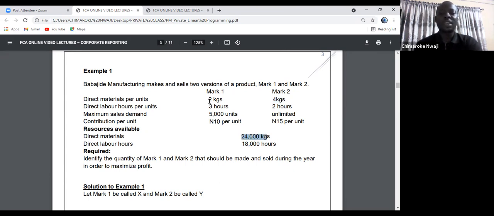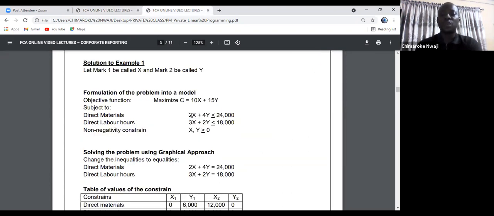So it means whatever quantity of x that you are producing, if you use 2 kg for 1, multiplied by the number of units you are producing for x, plus 4 kg for y, multiplied by the number of y you are producing, it should not exceed 24,000. That is what this equation is telling us, less than or equal to 24,000.